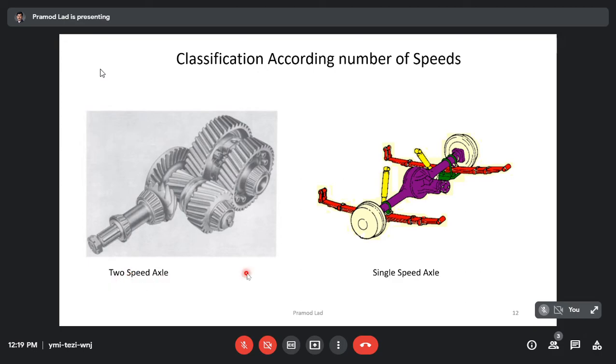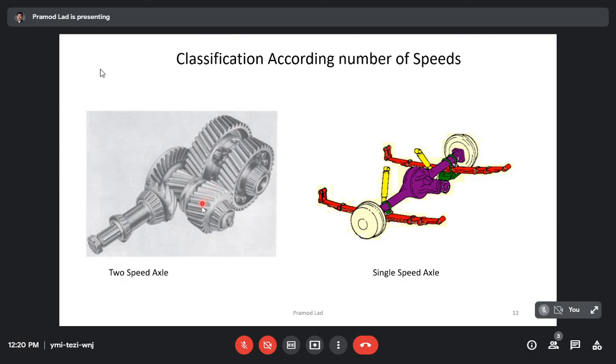In the two speed, it is very similar to this, but there are two gears arranged. As you can see here, there is one helical gear pair which is engaged here, and this is the selection sleeve which selects the low or high ratio.